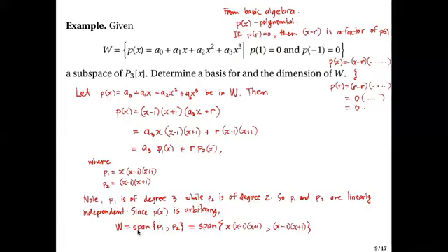So this part here has two elements only, P1 and P2, and we are looking at the span. Okay, and these two elements here are linearly independent. So these two guys here form a basis.